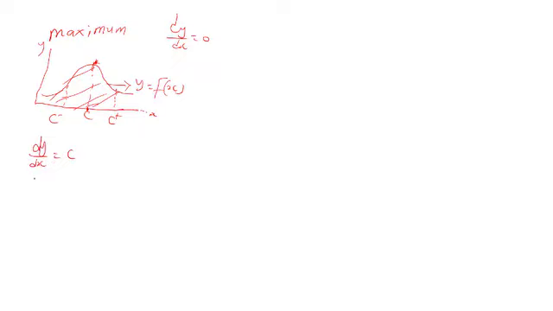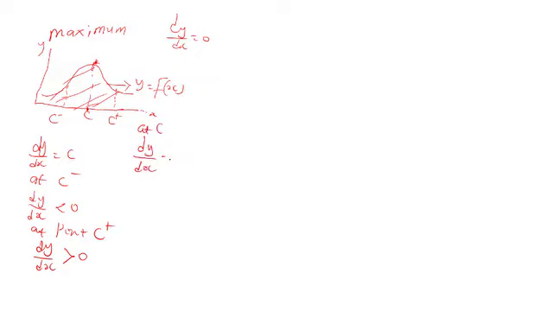So that is to say, at point C minus, dy/dx should be less than 0. And at point C plus, which is this, the value of our dy/dx is greater than 0. So it is only at point C that dy/dx is equal to 0.